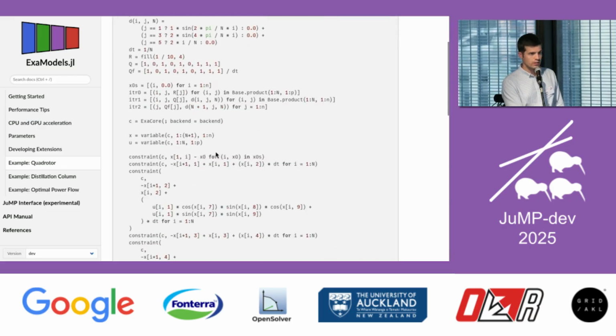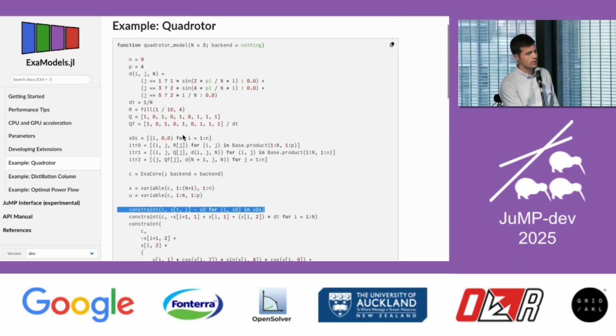So the first way is you can specify a constraint like this. When you write this, it means that you have x0s, which is a vector of tuples. If here n is 9, you have a vector of 9 elements, and this creates 9 constraints.